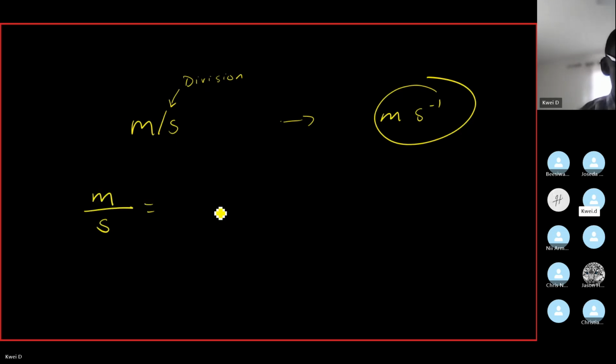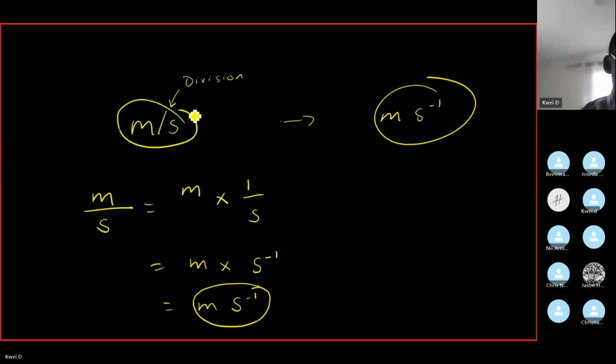And you can rewrite this as m times 1 over s. Any number divided by 1 is the number itself, so I can clean the 1 off. So this gives us m times 1 over s, and 1 over s means inverse, s raised to the power minus 1. So that becomes m s to the minus 1. So you see why you can write this as that.